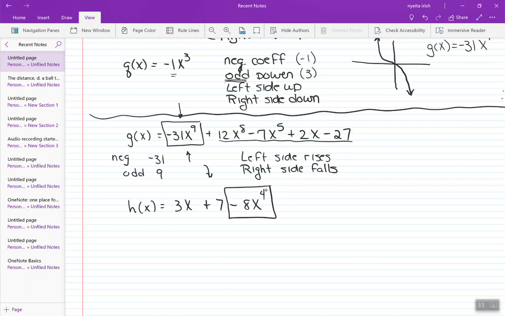And so my biggest powered term, x to the fourth, tells me that both ends are going in the same direction because it's an even power. It's negative in front, so my leading coefficient is negative, which means both ends are going to be going down. So when I write this up, I don't just draw a picture, but I say both ends fall.